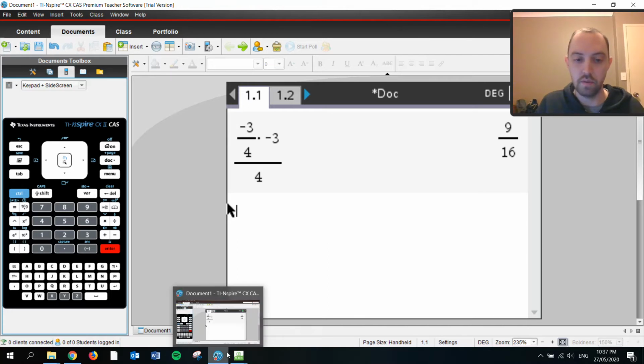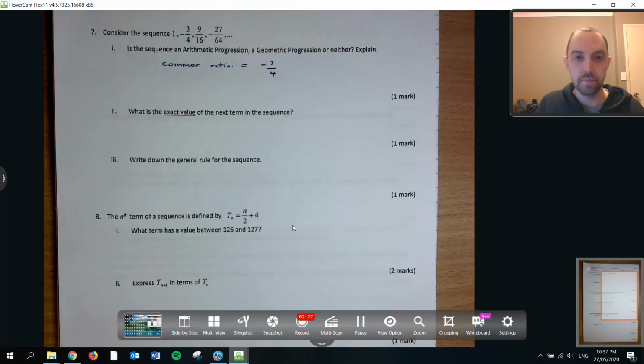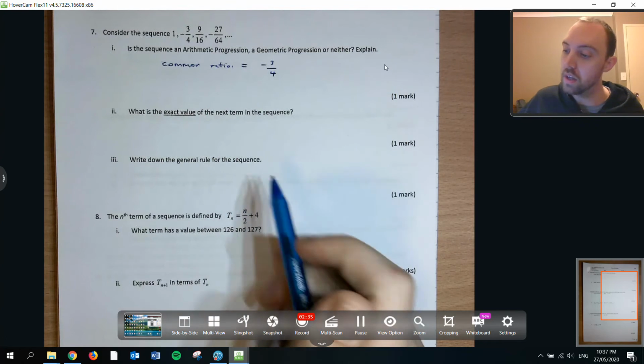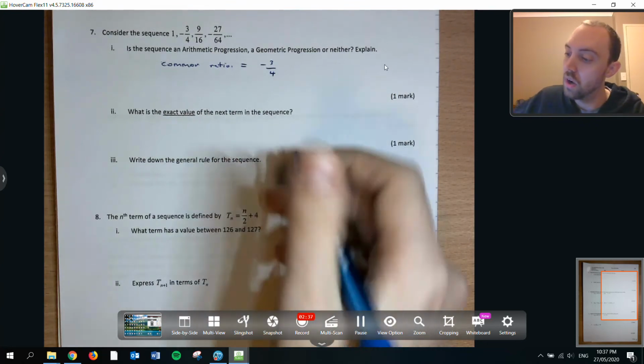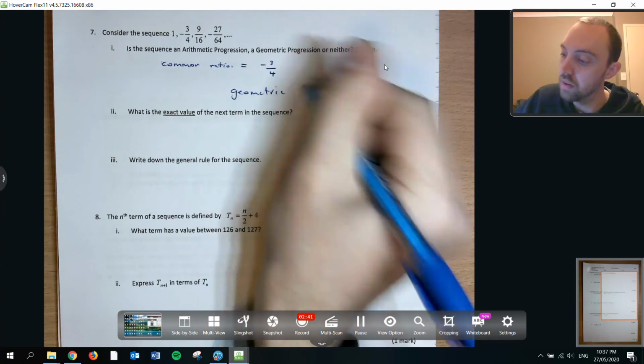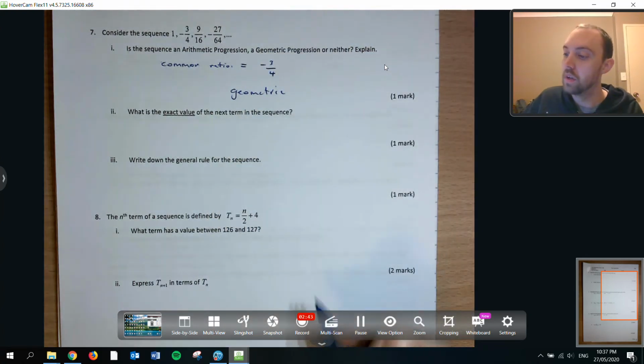That seems right. 9/16. Cool. So, pretty happy there. Times by 3 on the top, times by 4 on the bottom. Yeah, common ratio of negative 3 on 4, so it is geometric. I'm sure that actually answered the question.